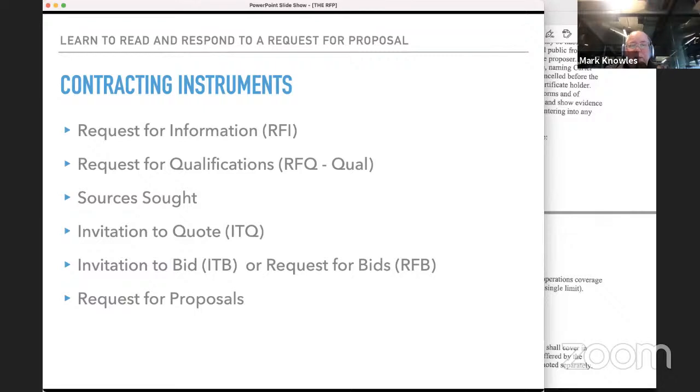And then we see the invitation to quote, or request for quotes. That's whenever there's a specific item that they're looking to procure. Sometimes it's very informal. They want you to give them a call. Other times it's a fax back or a very quick turnaround.